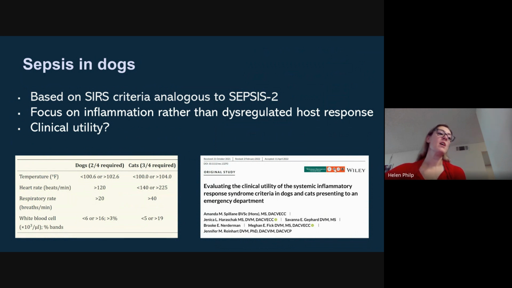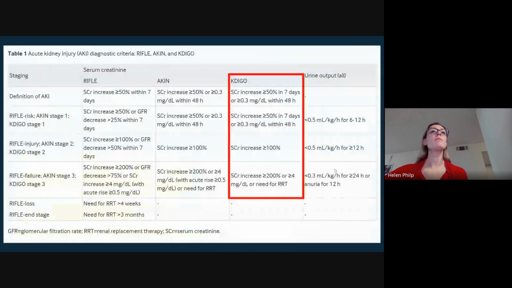But certainly this is our current definition in dogs at least. And then just looking at the evolution of grading criteria for AKI in people, certainly a move away from reliance on GFR to the most recent KDIGO guidelines, where we're much more focused on small changes in serum creatinine.